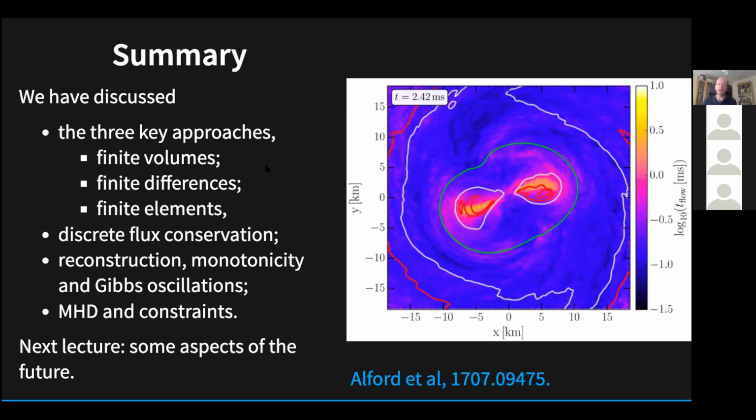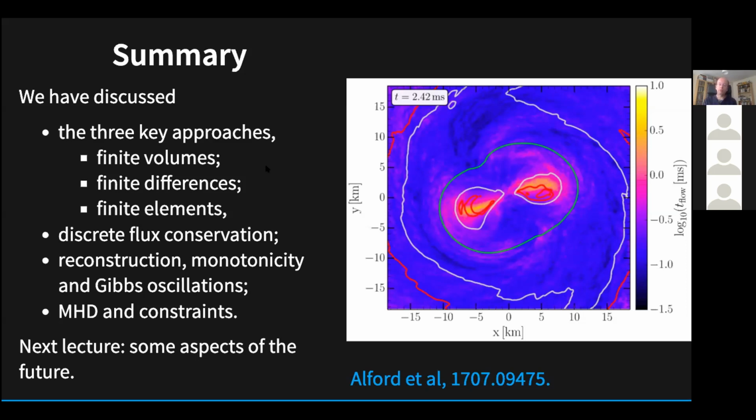So what that essentially means is that in order to remain stable, the time step must be approximately less than the grid cell size divided by the maximum characteristic velocity. And because that maximum characteristic velocity is usually slightly less than the speed of light, the delta t is going to be essentially delta x by c.